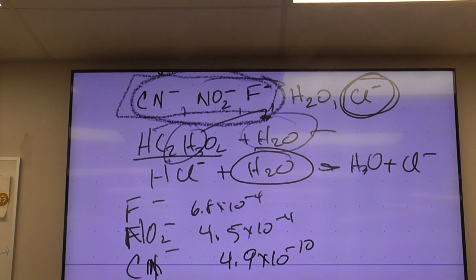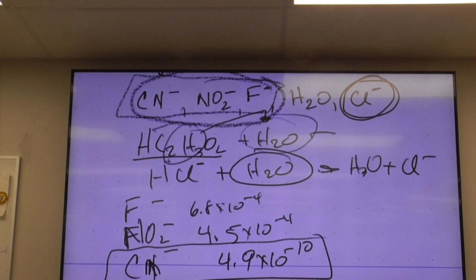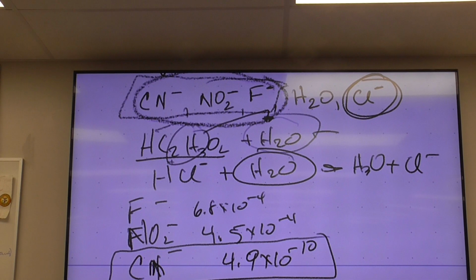By far and away, when you see this, what do you notice about that Ka value? It's extremely low. So since CN minus has a really, really small Ka value, it has a really, really big Kb value. It's going to be a strong base. So the CN minus is going to be the most willing to take in a proton.